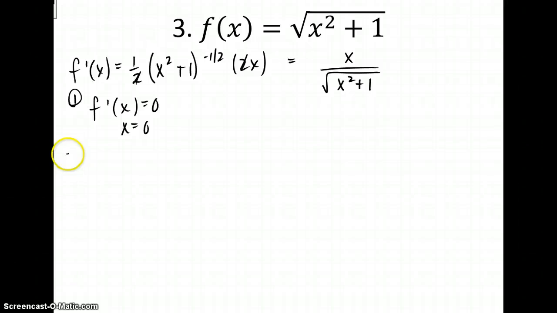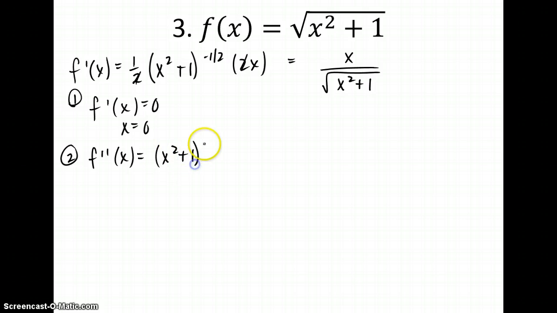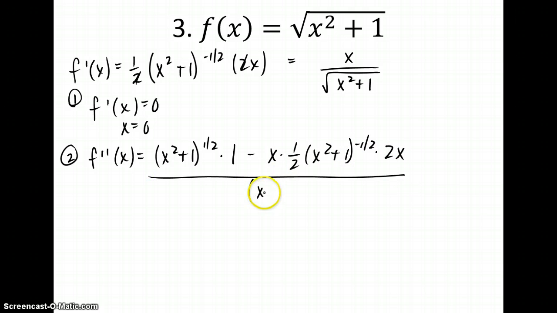Okay, so now find the second derivative. Again, quotient rule. Bottom times the derivative of the top minus top times the derivative of the bottom all over bottom squared. Alright, so these 2's cancel. I'm going to factor out an x squared plus 1 to the negative 1/2.